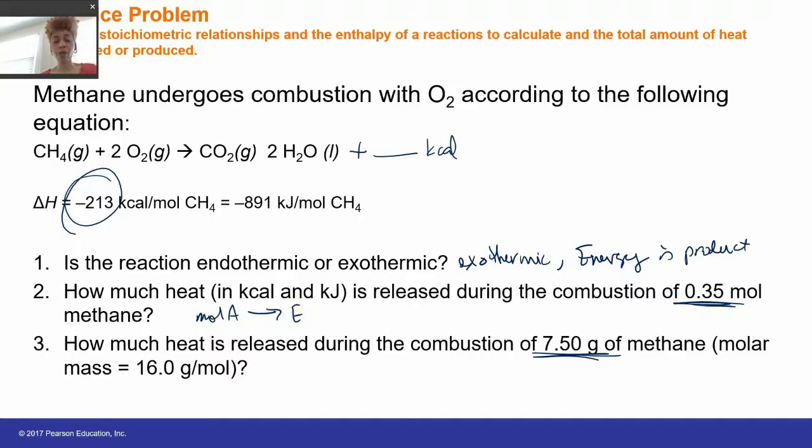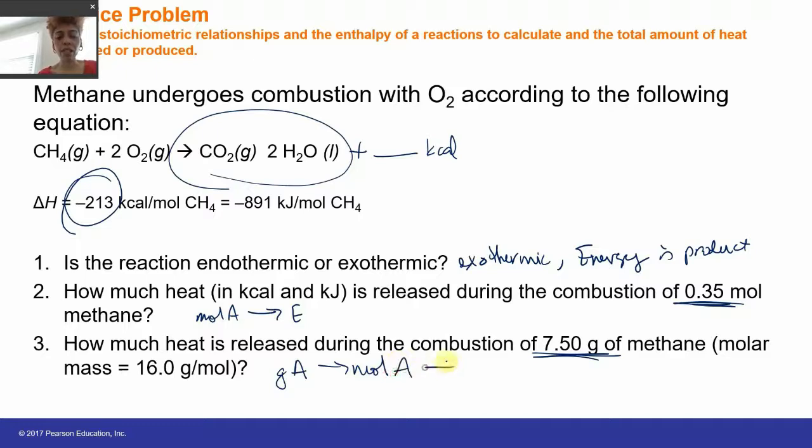We're going straight from moles to energy, and it's based on our balanced equation. For the next one, we're going from grams of A, to moles of A, to energy.